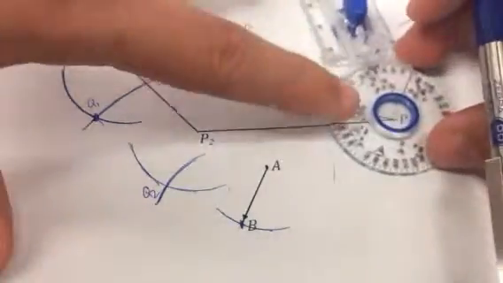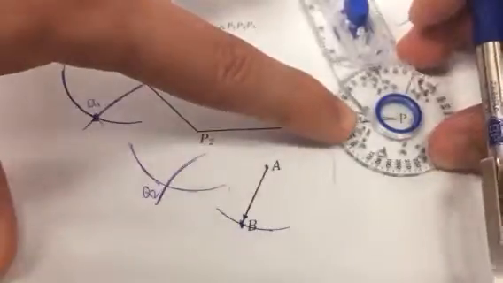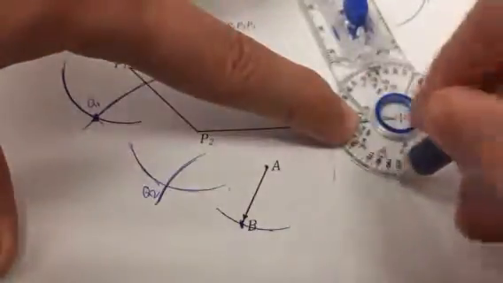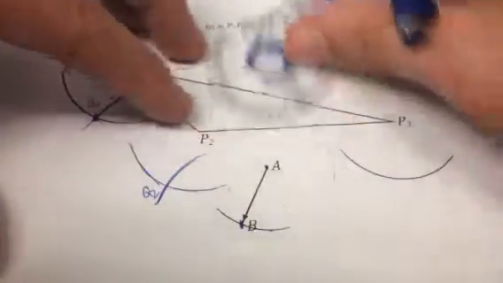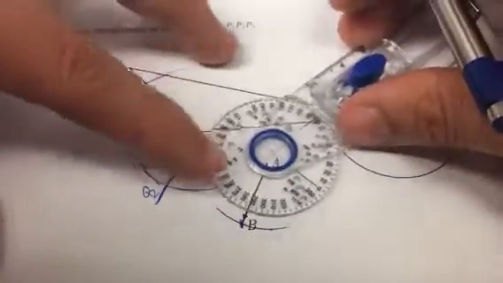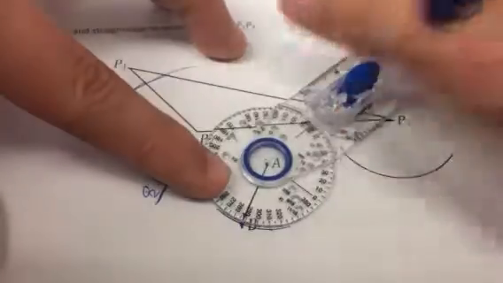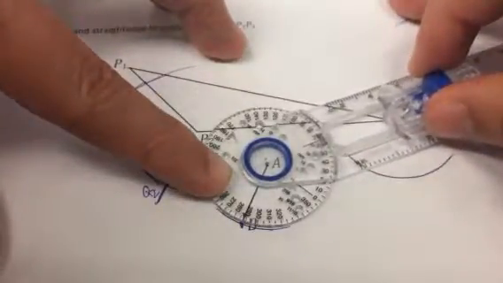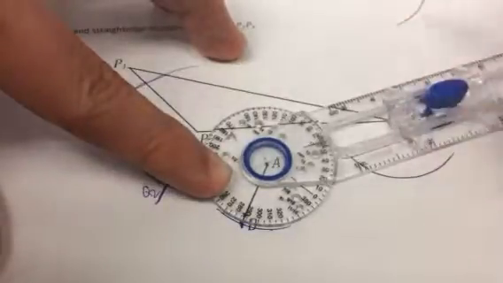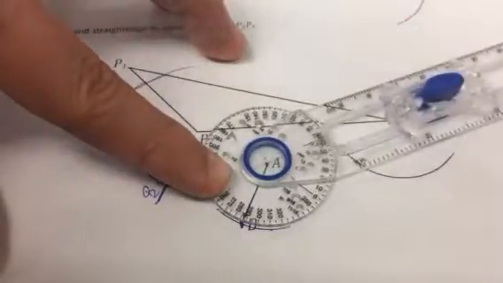All right, do the same thing with P3. So right here, again, I only need this part of the circle because that's the direction we're going. Put A as your center. Line it up with your P3. So here's my P3.